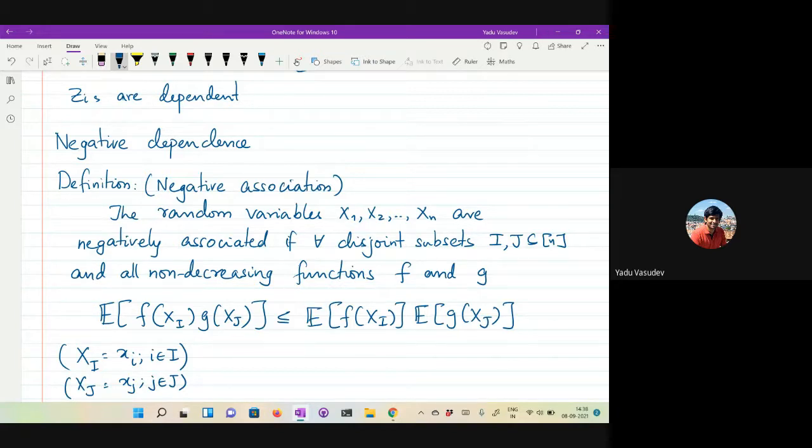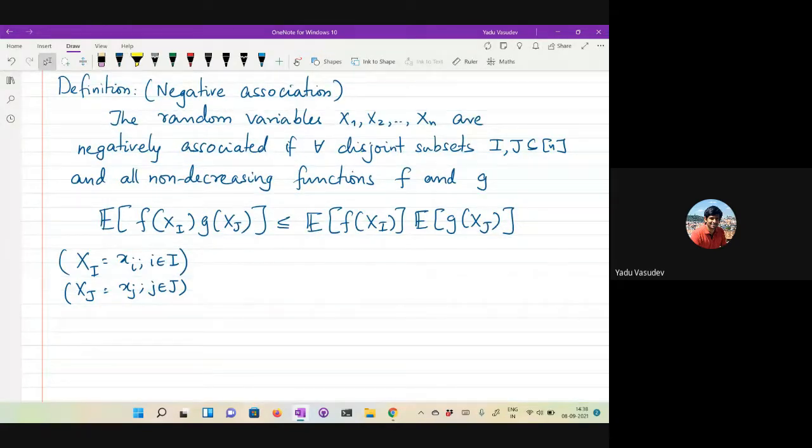This is trying to capture the fact that if one set of these random variables takes very high values, then the other set must take low values. That's what it's trying to capture. Any questions on the definition? Okay.